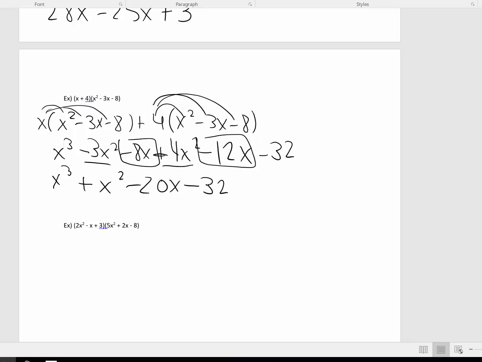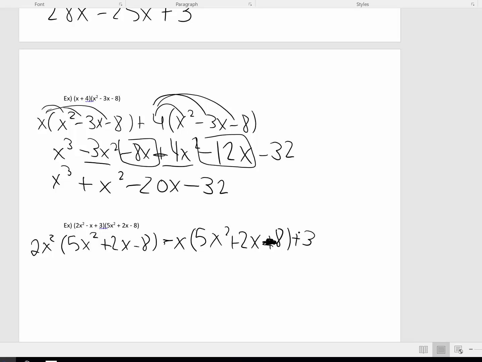Okay, let's take a look at the next example then. Again, same thing. I'm going to take now this 2x squared and multiply it by 5x squared plus 2x minus 8. Minus x times 5x squared plus 2x, that's a minus 8. And do the same thing with the 3. So distribute.